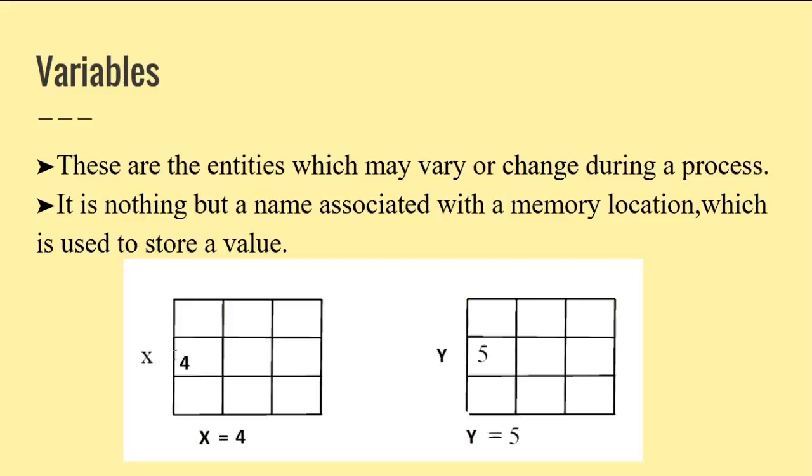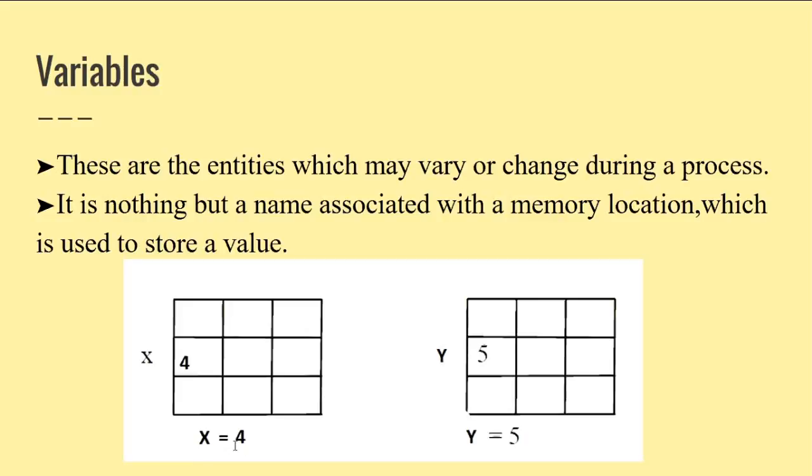You might know that computer memory is divided into numerous cells, and each cell stores a value like this. So here this cell stores 4, and x is the name given to this cell, which is nothing but a memory location, and we write this as x equals to 4. Again it may be replaced by any other number, say 3, so x will become 3.